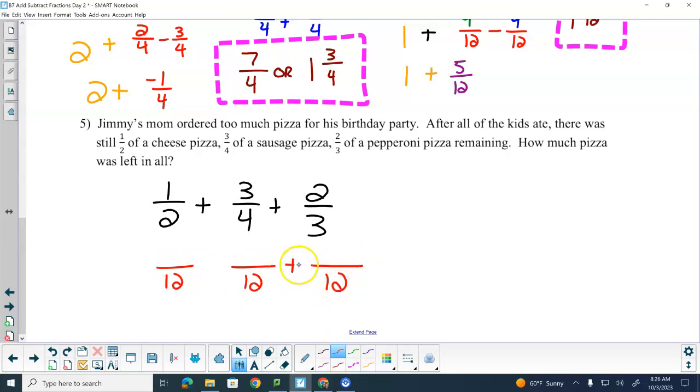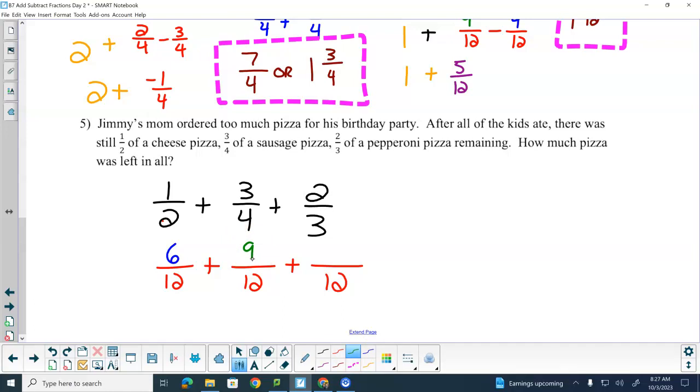How many 12ths is 1/2? 6. Because 2 times 6 gets me 12. So 6 times 1 is 6. How many 12ths is 3/4? 9, because 4 times 3 gets me 12, so 3 times 3 gets me 9.